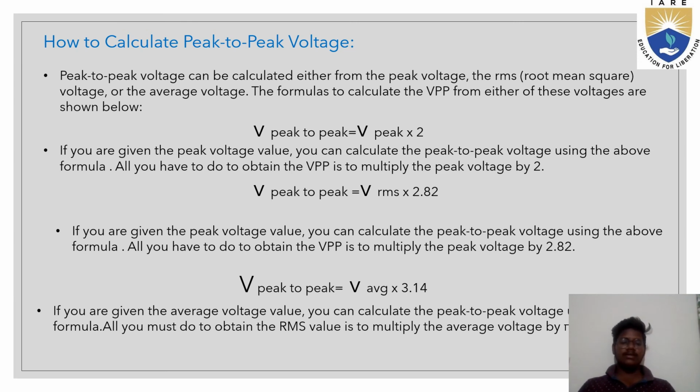The next one is the peak-to-peak voltage equal to V average times 3.14. If you are given the average value, you can calculate the peak-to-peak value by this above formula. All you must do is multiply the average value by 3.14.